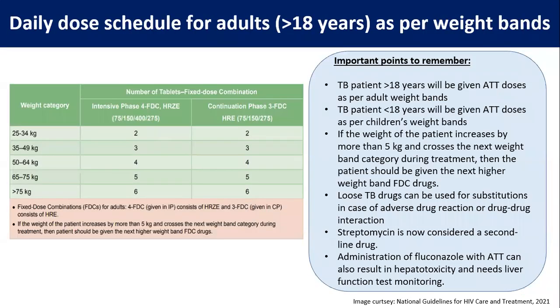So the different doses as per the weight band of an adult PLHIV are in table form, which is good practice to have ready on our desk while we treat patients.